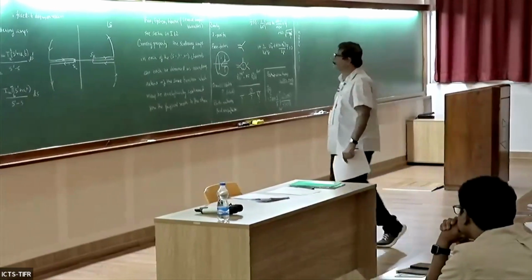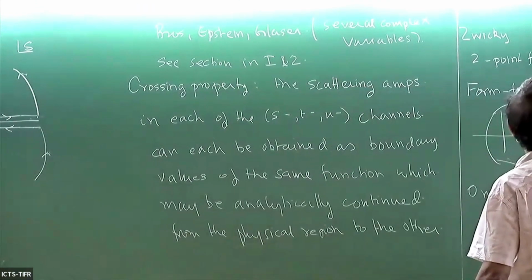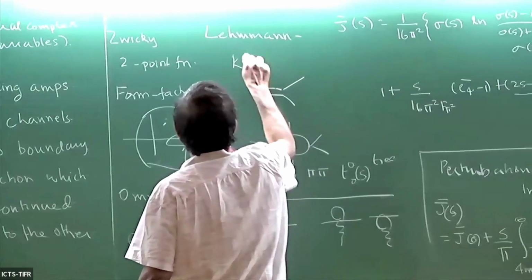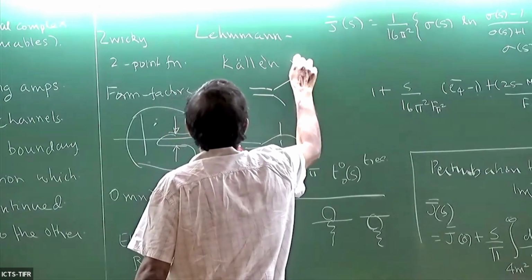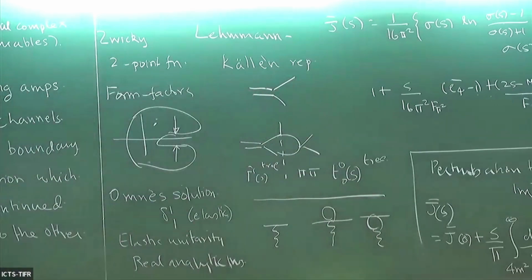Yeah. And then remember that there was something called the Lehmann-Källén representation for form factors. There's an analogous one for scattering amplitudes, which is the Jost-Lehmann-Dyson spectral representation for scattering amplitudes.